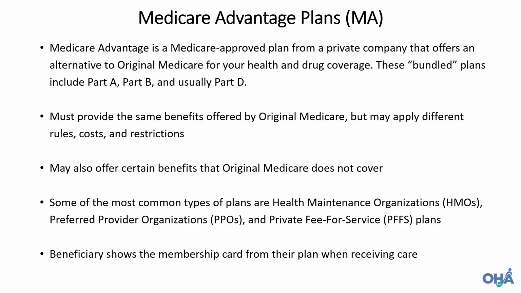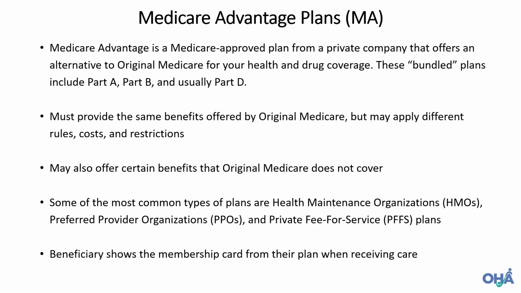Medicare Advantage is a Medicare-approved plan from a private company that offers an alternative to Original Medicare for your health and drug coverage. These bundled plans include Part A, Part B, and usually Part D. They must provide the same benefits offered by Original Medicare but may apply different rules, costs, and restrictions.